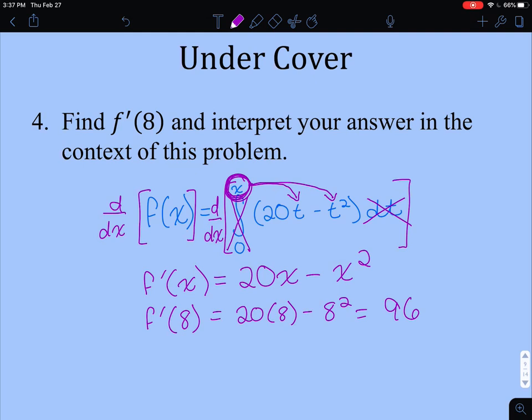So I want you to put that into your own words. 96 umbrellas per hour are our units. So we are increasing at a rate of 96 umbrellas per hour at 8 hours.